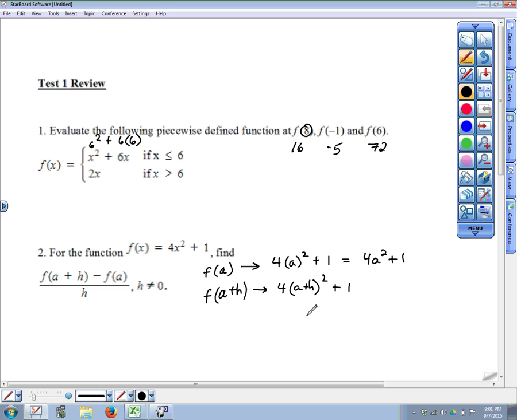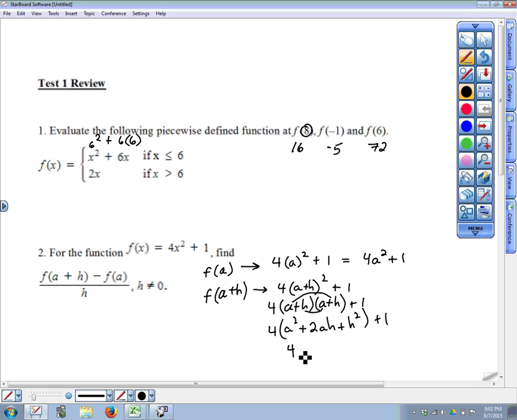One of the tendencies for students is to want to distribute the exponent here. That can't happen. A plus h squared is a plus h times another a plus h. So if you distribute these two parentheses together, you can have an a squared, and then you're going to have an a times h here and an a times h there, so you're going to have 2 a times h terms, and then plus an h squared term.